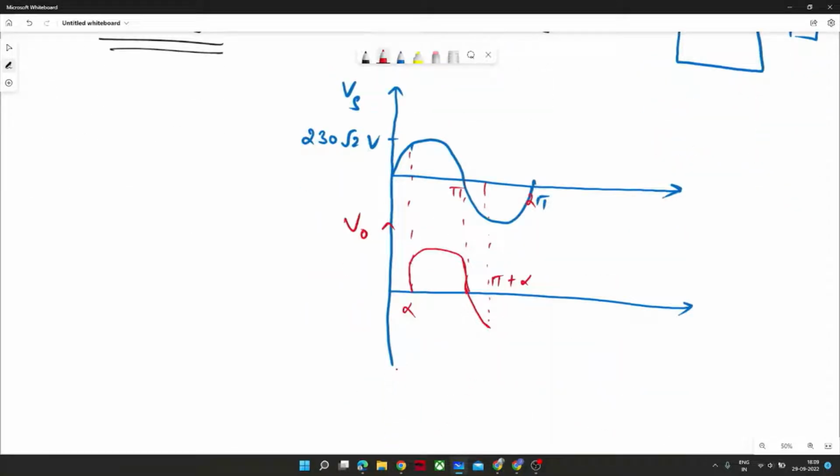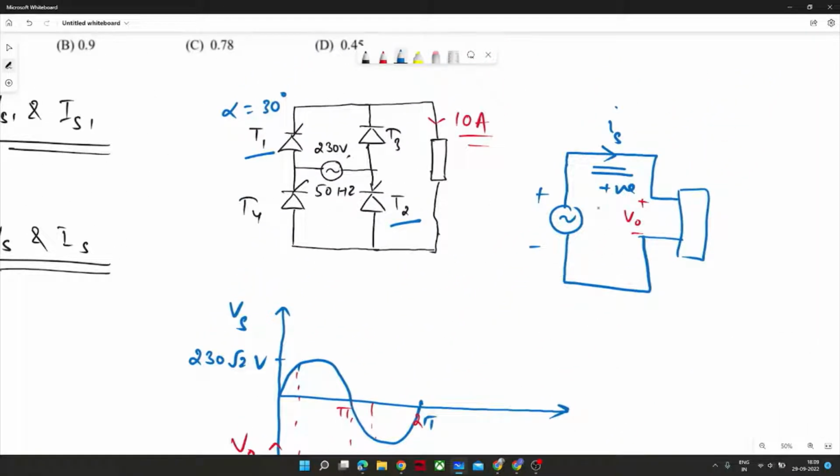Fine. So for calculating the waveform of Is, we all know Is could be in two forms. Either it could be I naught or minus I naught. Why? Because this load is directly connected to the supply. When T1 and T2 conduct, this current will flow in this manner, through T1, T2, and it will connect the load in this manner.